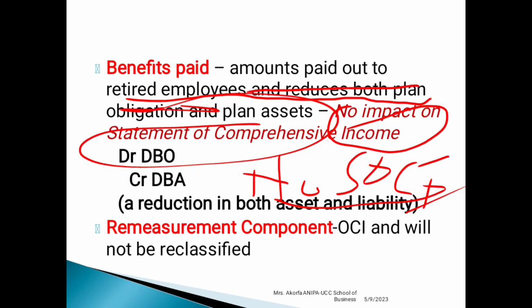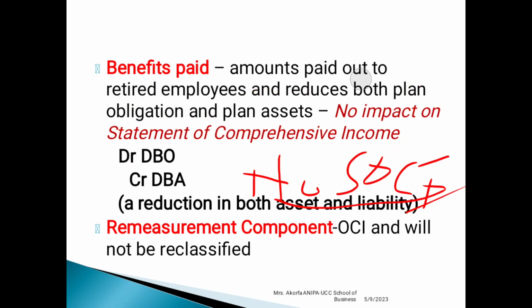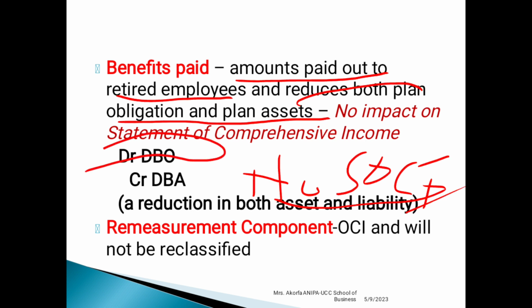It affects both plan obligation and plan assets. Let's take note of that. With plan obligation we are going to debit it, and with plan asset we are going to credit it. A reduction in both assets and liability.